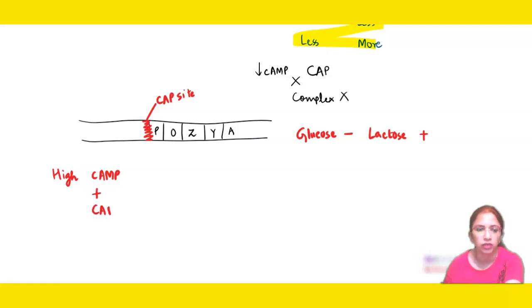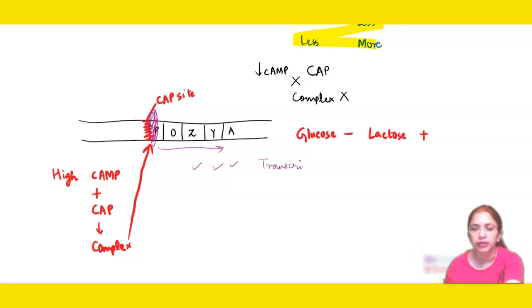First of all, CAP will bind to the cyclic AMP to form the complex, and this complex will bind to the CAP site. This will allow RNA polymerase to bind, and this RNA polymerase will move downstream and help in transcription, and also in translation.